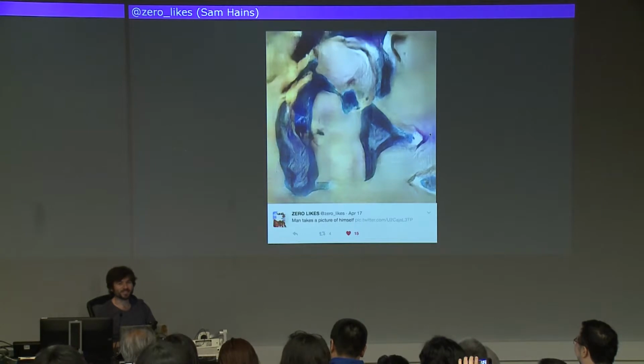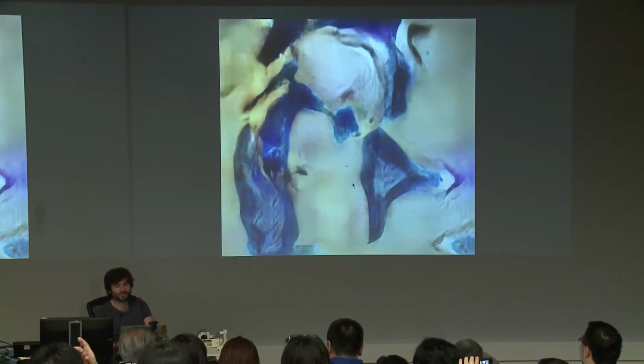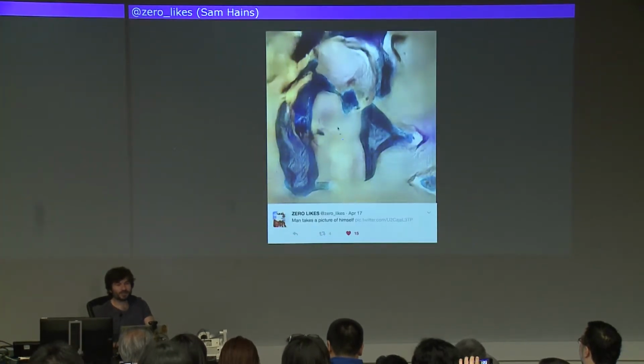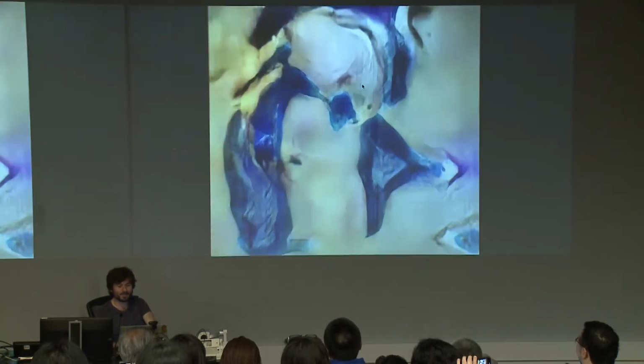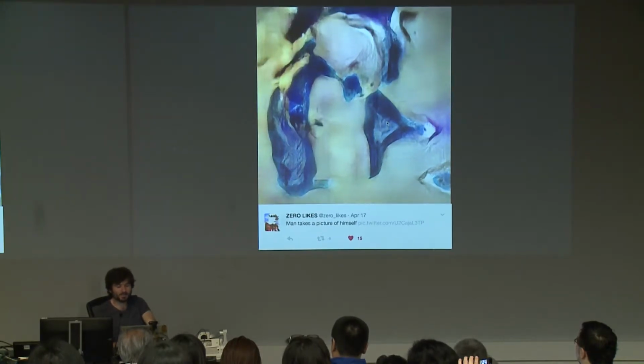So basically he just scraped Instagram and downloaded a whole bunch of images which have no likes, and then he trained the DCGAN to produce them, and then he made a Twitter bot that would post these random images. Not only that, but he also had another neural network which was trained to caption images to give them captions. So you would generate this image, and then another neural network would try to tell you what it is. So this is man takes a picture of himself.